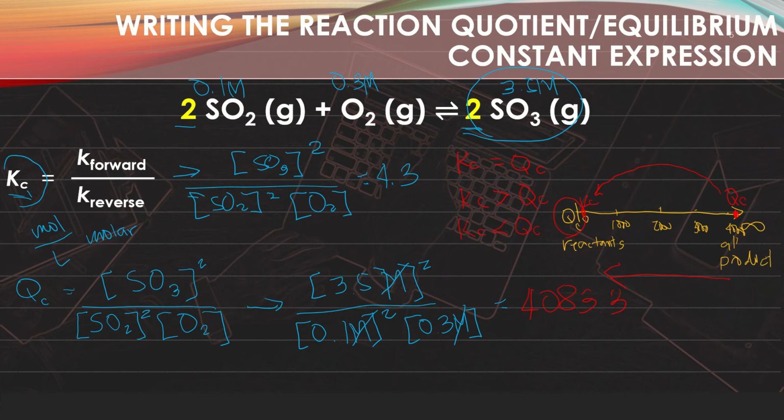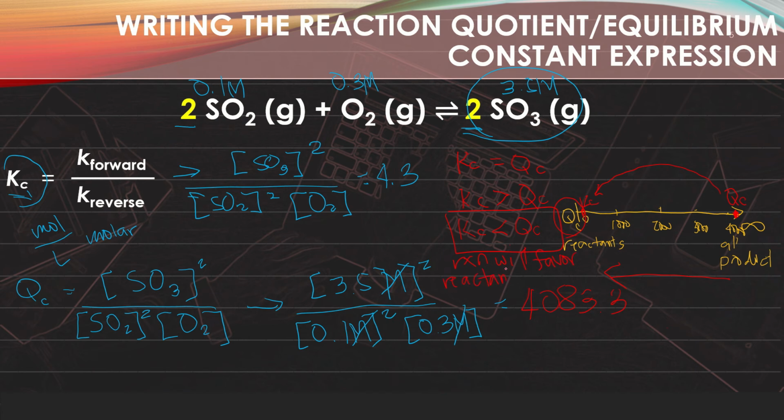So, let us remember, if KC is equal to QC, then that means the reaction is already at equilibrium. Now, in this case, si KC ay mas mababa compared kay QC. So, nandito tayo. So, if this is the case, then the reaction will favor the reactants.